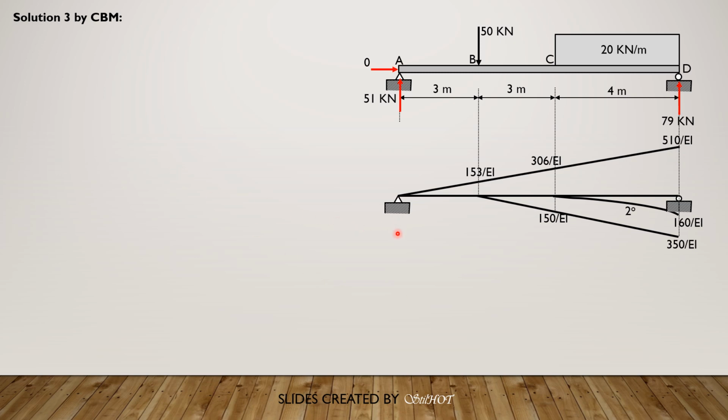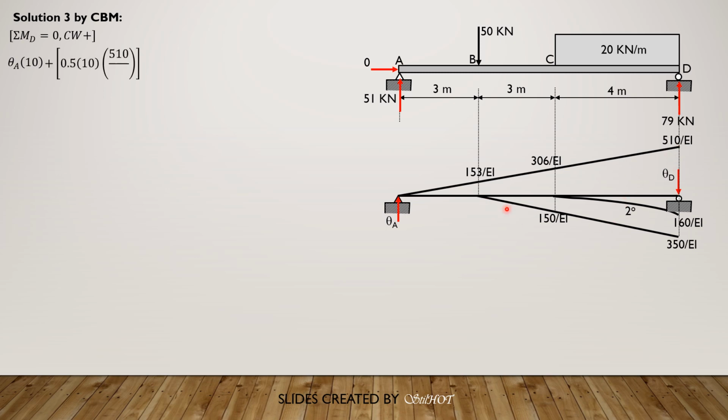So first, let's solve for theta A. That's the positive direction of theta A assumption. That's the shear, as well as at D going down. So summation moment about D equals 0, clockwise as positive. So we have theta A times 10 plus 1/2 of 10 times 510 times 10 over 3.